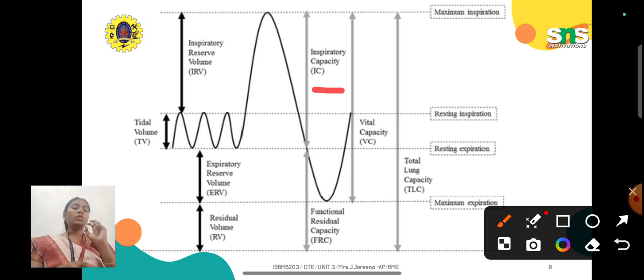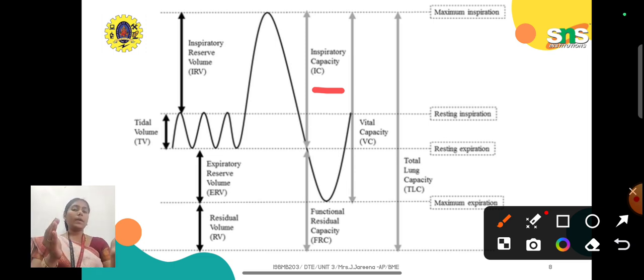Now coming back to the capacity, we will start with the inspiratory capacity, that is IC. Inspiratory capacity means the capacity of inspiration: how much volume of air the lungs can hold during inspiration.